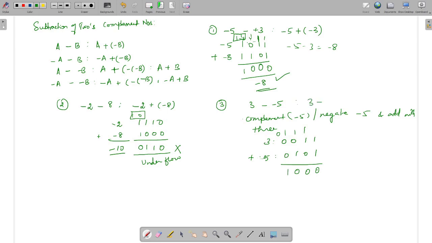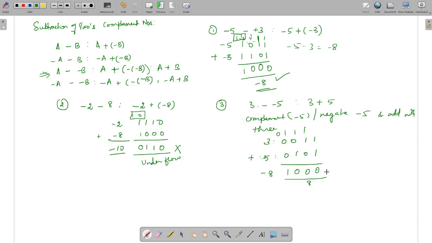So you need to do the addition of 3 and 5. The addition of 3 and 5 is 8, but here it is showing us minus 8. So this bit pattern is equivalent to minus 8 in 2's complement.